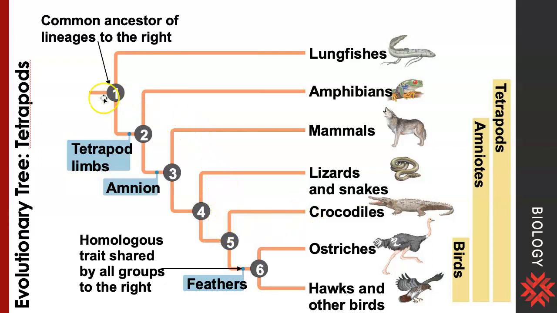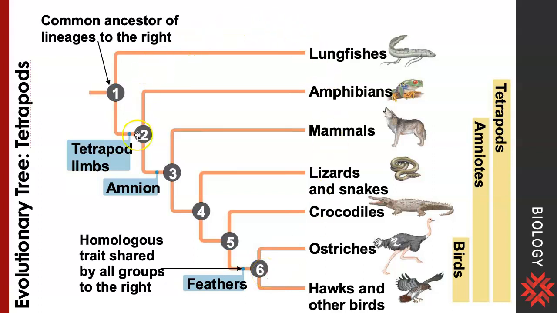The further back an ancestor is, the more time there has been for the different species to evolve, so to accumulate differences over time. So the species that are most closely related are the ones that are going to have the most recent common ancestor on the tree.